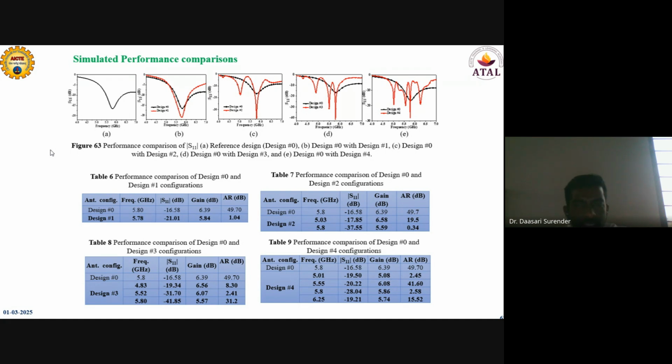In figure 63D, by incorporating 3 spiral facet structures, we observe 3 resonances. And in figure E, 4 resonances were observed by incorporating 4 spiral structures on different faces of the dielectric resonator antenna. The important thing is that the number of resonances is controlled by the spiral facet structures pasted on the different faces of the dielectric resonator antenna, and those were optimized spiral structures.